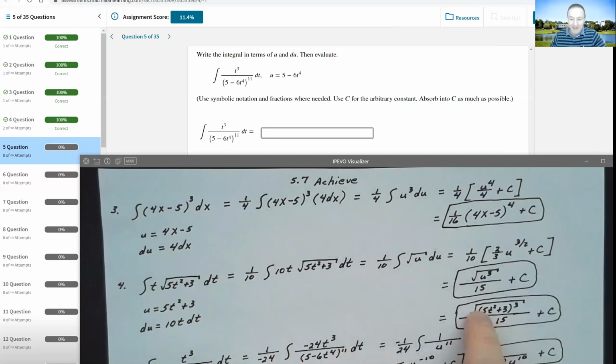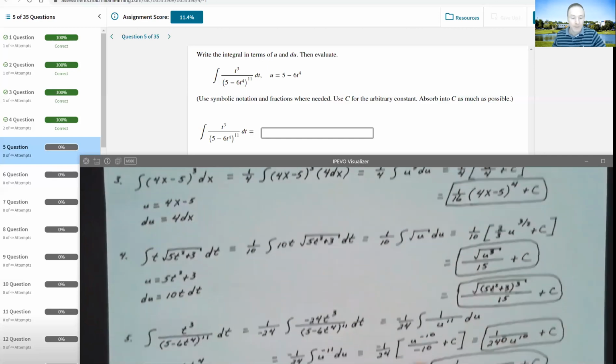But in order to get Achieve to accept my answer, I had to put it raised to the 3 over 2 power. Just beware, that's going to happen sometimes. It's not that you're doing the problem wrong, it's just that it doesn't like the form of your final answer. It should accept both answers in that last problem, but it doesn't.